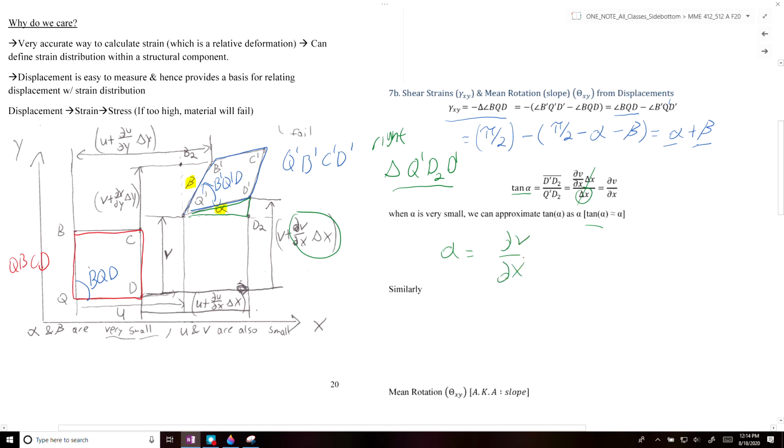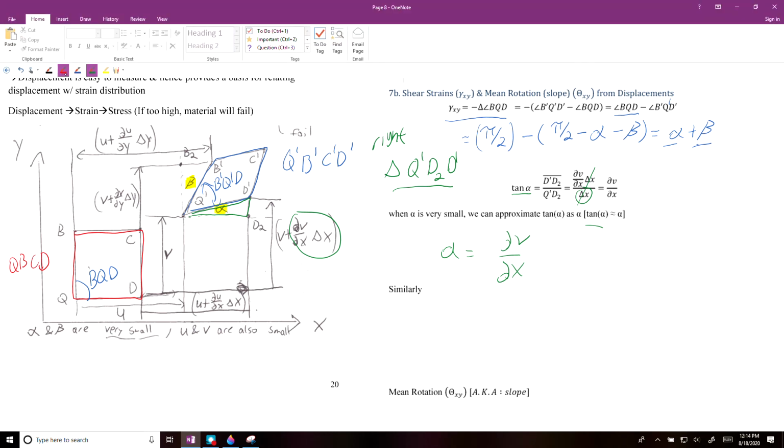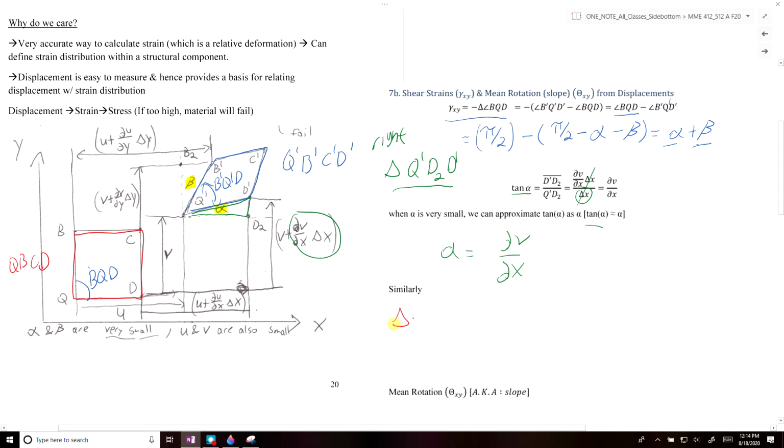In a similar fashion, we can use the triangle Q prime, B prime, and B2 to calculate the angle beta. If we use that triangle, tangent of beta is approximately equal to beta, because again, beta is going to be a very small angle.